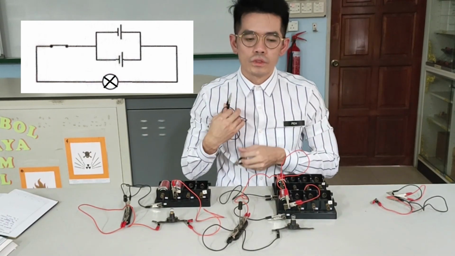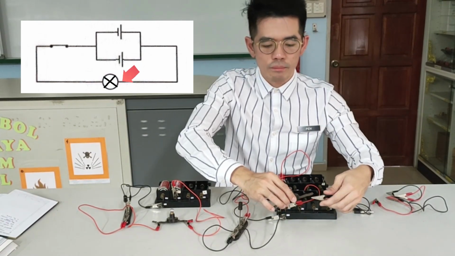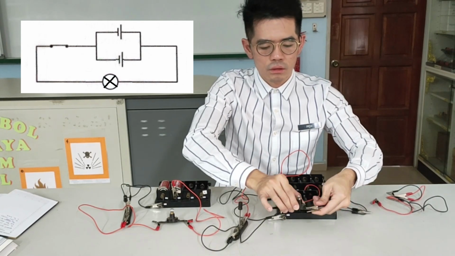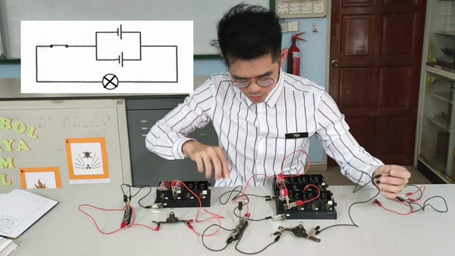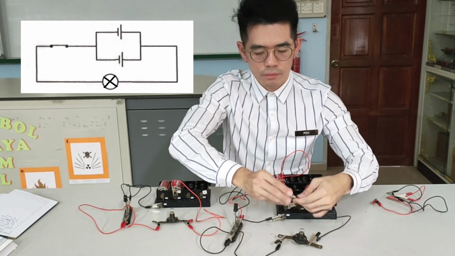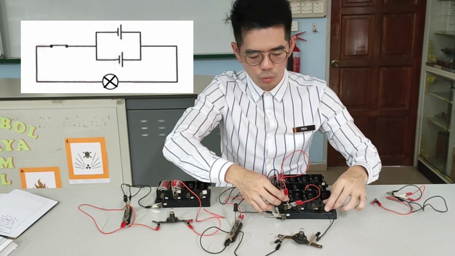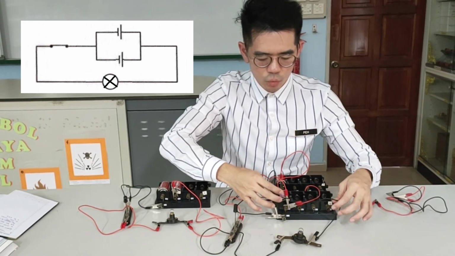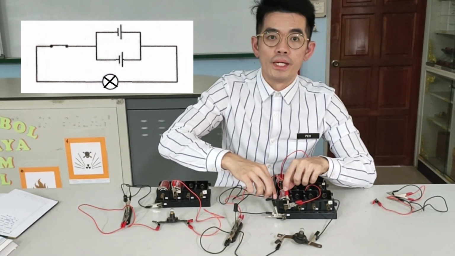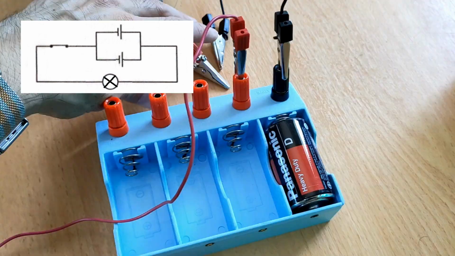After that, connect the other side of the bulb holder to the negative terminal of the dry cell holder. So it will be like this. One will be at positive, another one at negative.